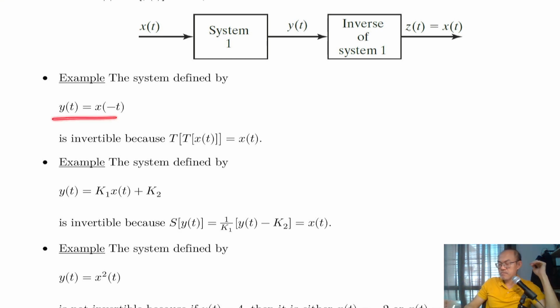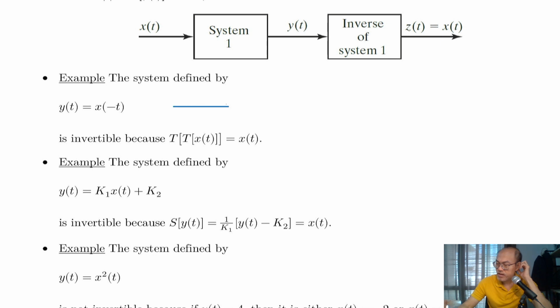Then this system is invertible, because if you know the output y, you'll be able to determine exactly the input signal x by doing time reversal again on the output y.